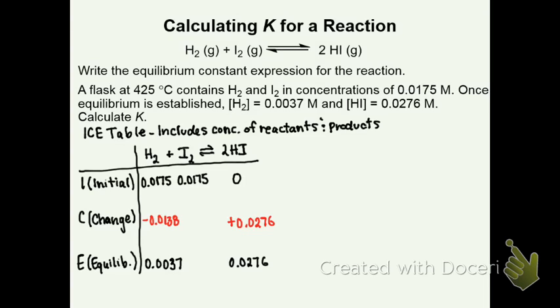And because H2 and I2 were present in equal concentrations to begin with, that means that the final concentration of I2 is going to be the same as the final concentration of H2. And so the change in I2 is the same.